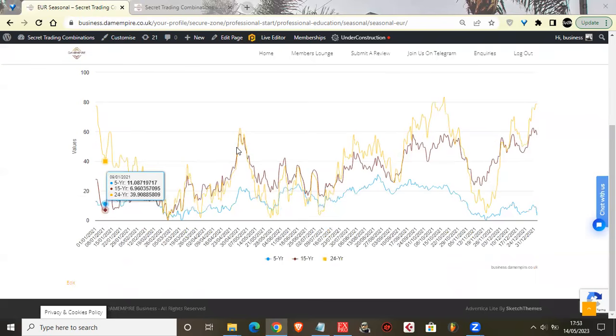So let's look at Euro and see if we have a Euro alignment. We don't have JPY alignment, neither do we have.